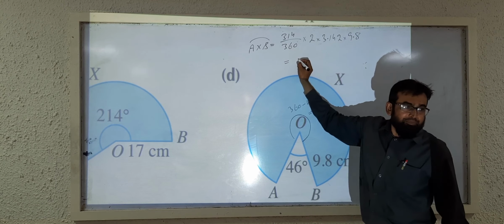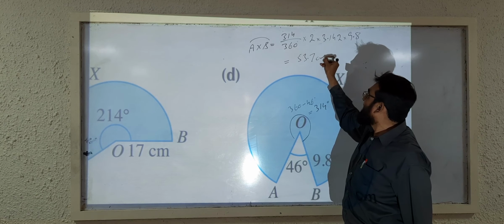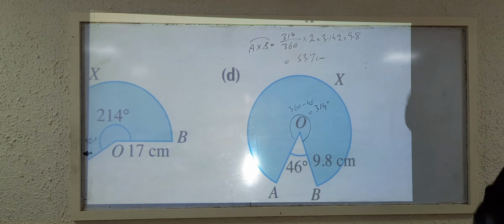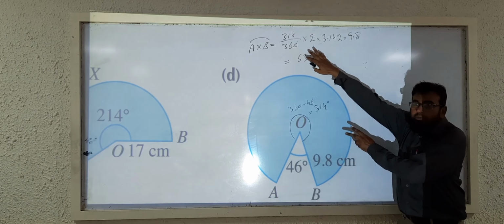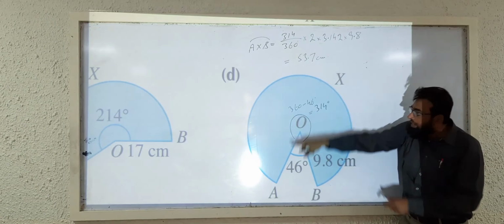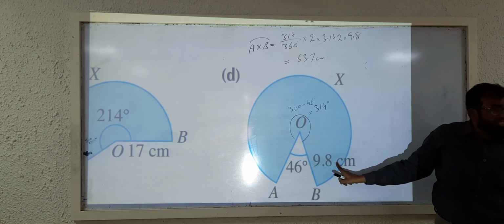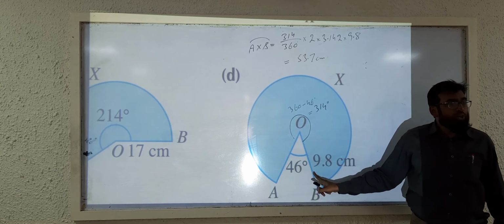After calculating, 53.7 centimeter. So this is the arc length. It is very important to understand that when I am finding out the arc length, only this curved line is calculated. I am not going to calculate these two.